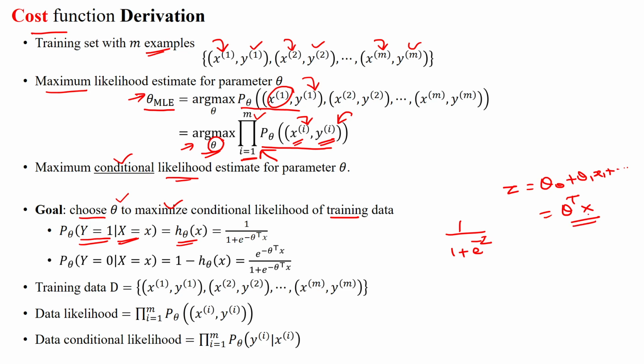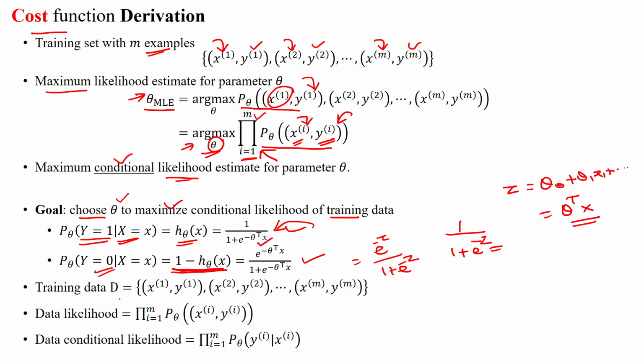So that's what is represented here: 1 plus e power minus theta transpose x instead of g, right? Whenever we are getting the samples for class 1, then for the remaining samples, 1 minus this one will give you the other class, that is 0, right? So that is represented here with the same formula. Here we have e power minus g divided by 1 plus e power minus g, right? So that's what is given here.